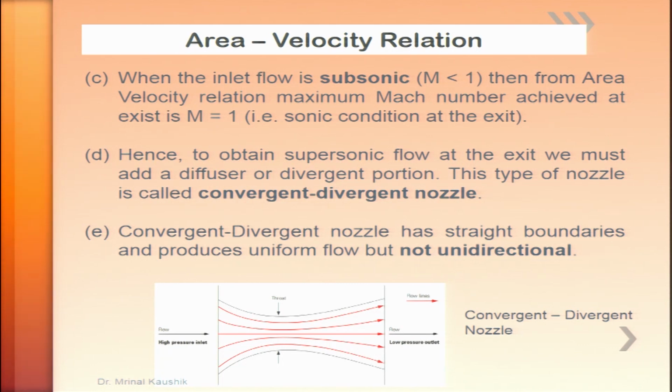However, in practical applications of aircraft jets and spacecraft jets, these flows should be unidirectional as well as uniform, so that you need not have thrust vectoring, that is nozzle gimballing, to maintain the straight trajectory of the flight.